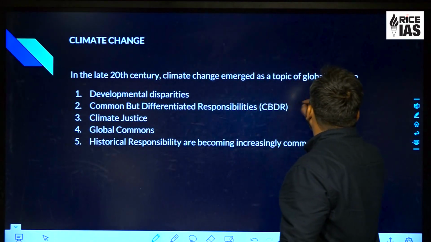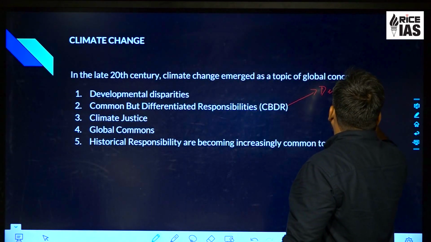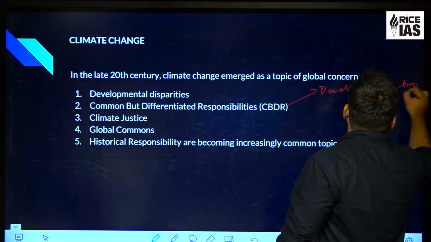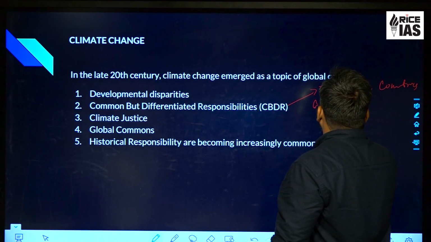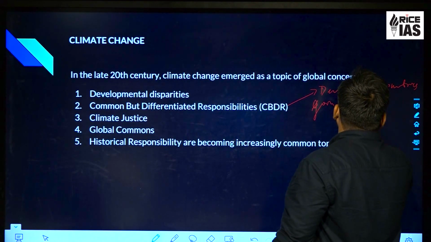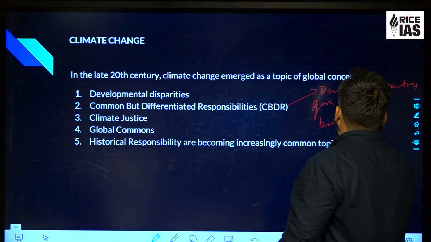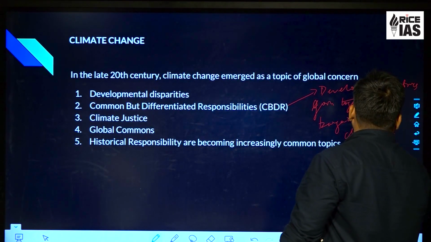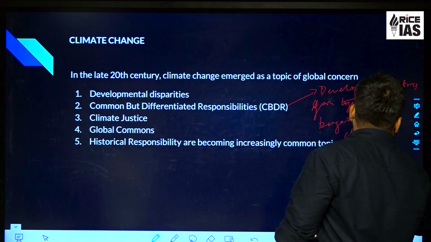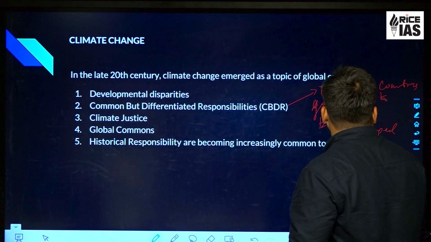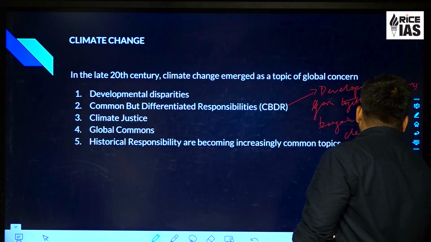Developing countries join together to bargain with developed countries at UNCCD and at WTO.